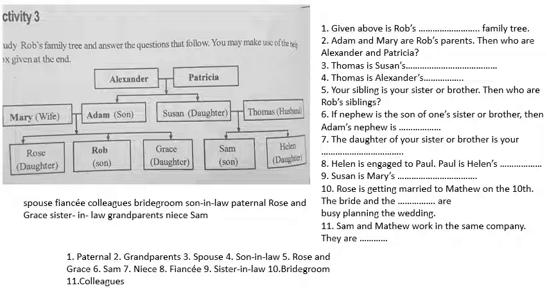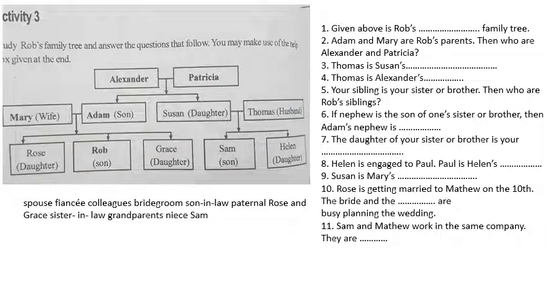Now try to answer the questions. Given above is Rob's dash family tree. So look, Adam is Rob's father. Alexander and Patricia are Adam's parents.